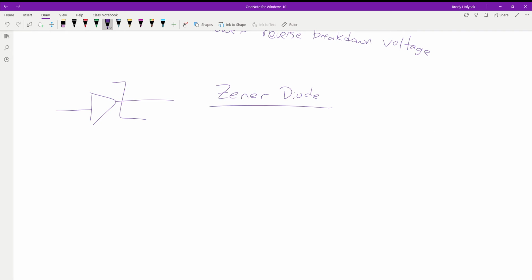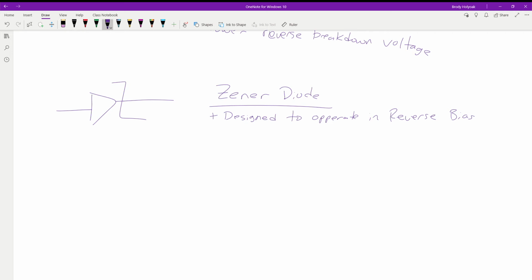The Zener diode is designed to operate in reverse bias. So normally when you have a diode and you operate in reverse bias, it's going to drop all of the voltage.